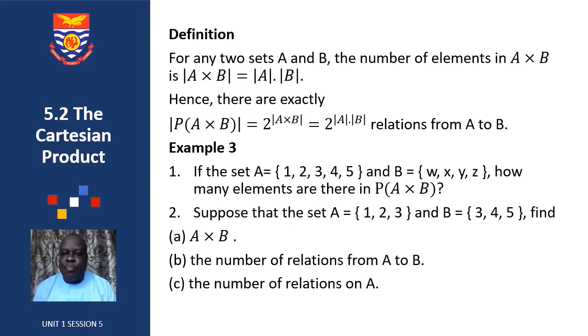Question 2. Suppose that the set A is equal to {1, 2, 3}, and the set B is equal to {3, 4, 5}. Find A, A cross B, B, the number of relations from A to B, and C, the number of relations on A.